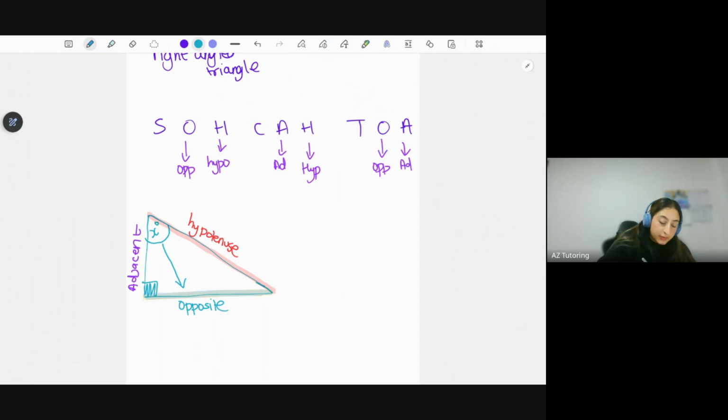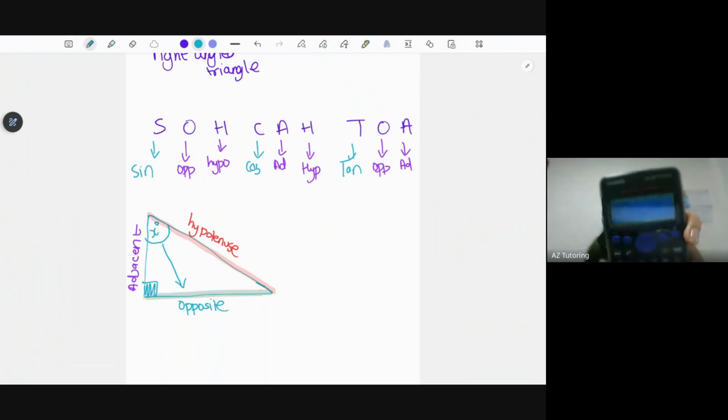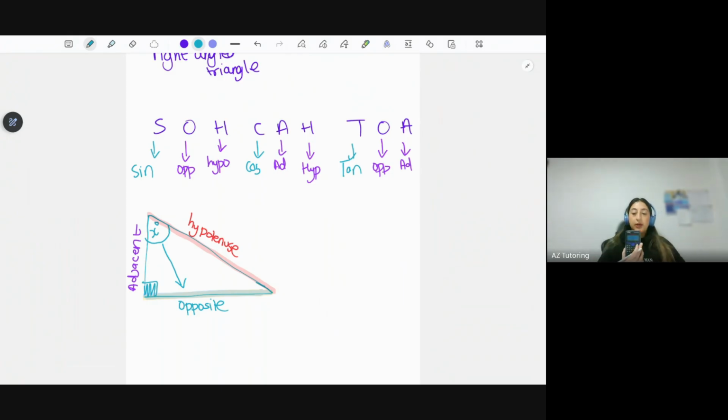And these are just sine, cos, and tan. You'll have them on your calculator as well. One thing to remember is if you press shift and sine, you'll get sine -1, which is the inverse of sine, which we will be covering what that is used for.